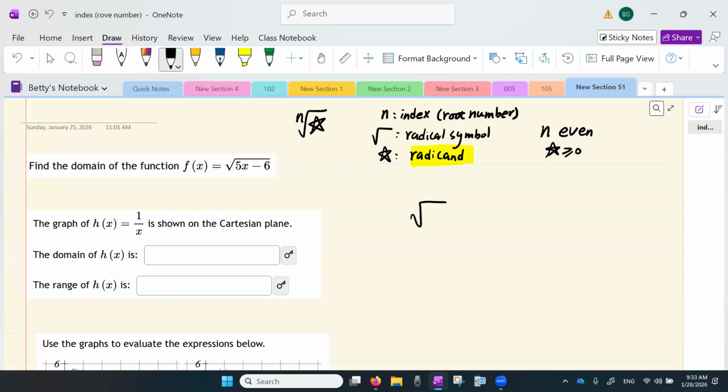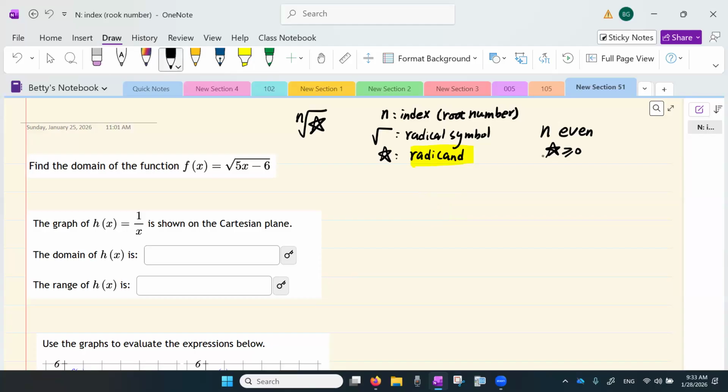So for example, a square root of -5. We all know this is not a real number, right? So if the index is 2, which is an even number, or 4, or 6, or 8, then the radicand has to be non-negative. Cannot be negative because if it's negative, it's undefined. It's not a real number.